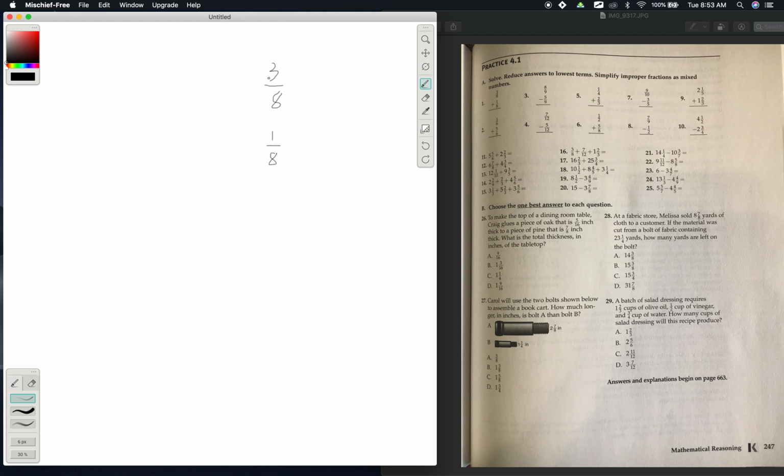So easy, since these are like denominators, 8 and 8, we don't really have to do anything other than add. So we add the numerators. 3 plus 1 is 4, and we keep the denominators the same, 4/8. Okay, now, like it said here, we have to reduce answers to lowest terms. So find the highest number that both of these can go into.